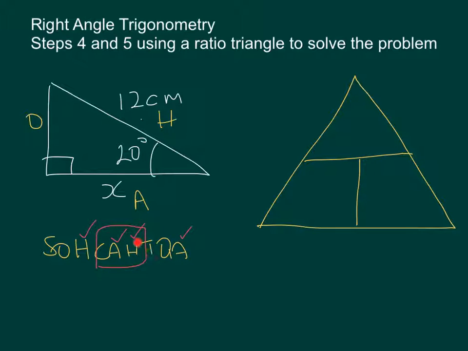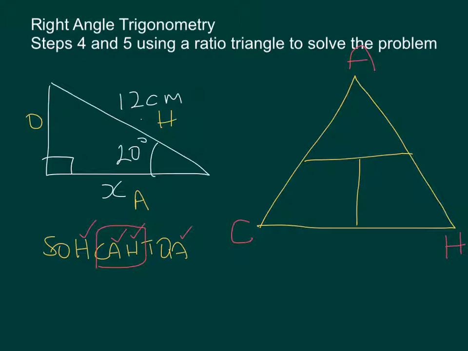So for example, we're using the cosine, which involves the c, the adjacent and the hypotenuse. So what I tend to do is write, starting in the bottom corner, c down here, a up here, and h over here. And then I fill each of these sections with the information that I need.